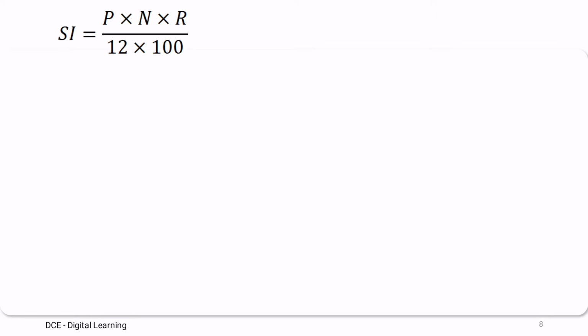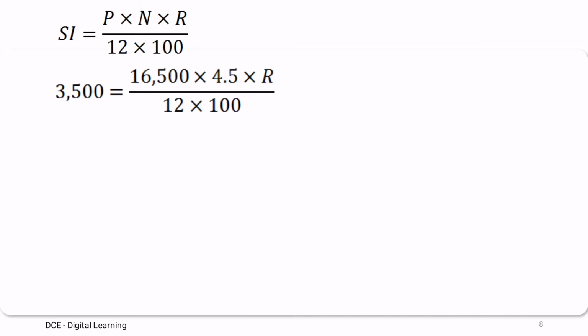So the formula: simple interest equals P into N into R divided by 12 into 100. Now if you put values into this formula, simple interest is rupees 3,500, balance payable principal amount is rupees 16,500, N the equated period is 4.5 months, into R, the rate of interest. We need to find this. So 16,500 into 4.5 into R divided by 12 into 100.